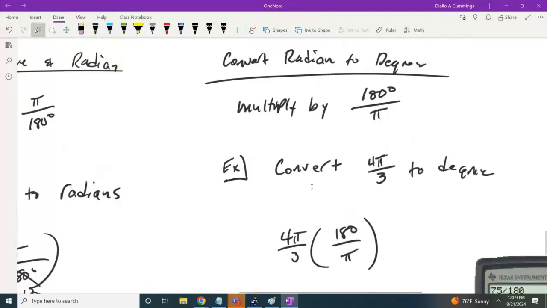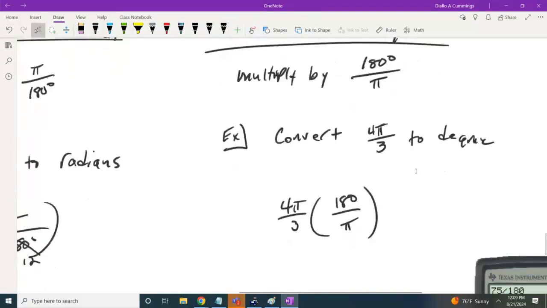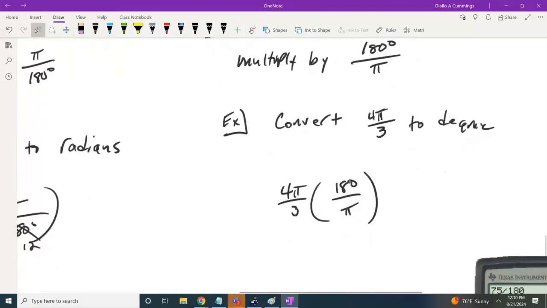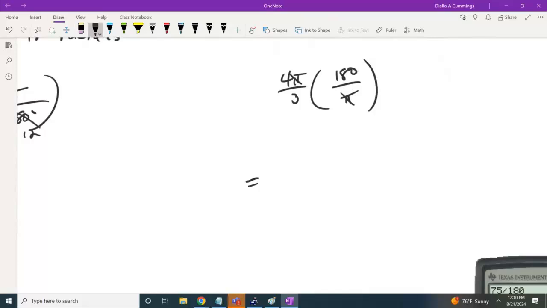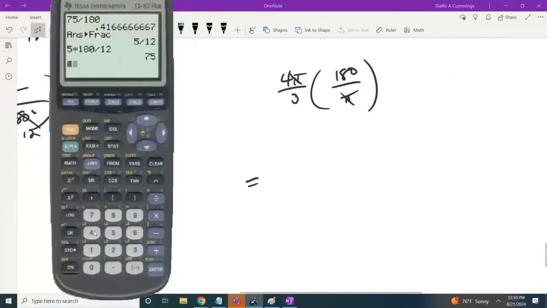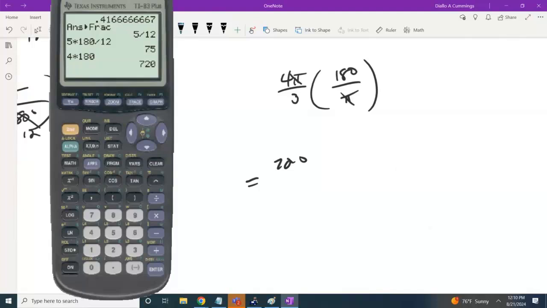But I believe the easiest thing to do here would probably be to just convert pi to 180 and solve it out. But by this technical definition, if I multiply 4 pi over 3 by 180 over pi, the pi's are going to cancel, right? And then I can multiply my numerators. 4 times 180 is 720.